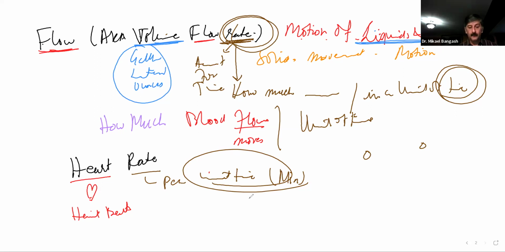Another thing is that rate may not necessarily mean time. Say, currency rate. The currency rate is mainly going to be how much or how many. Let's say how many Japanese yen can I get for $1? So this is the currency rate, or an exchange rate, as some people may call it.